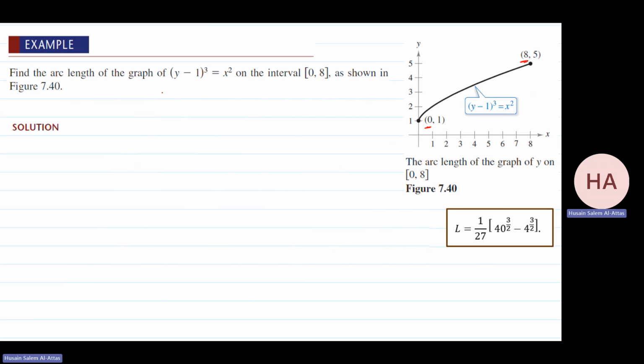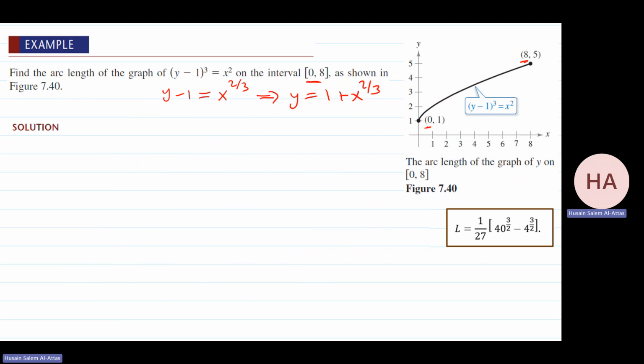Also, I can say y minus 1 is x to the power 2 over 3. So y is 1 plus x to the power 2 over 3. I take the square root of both sides, and I know everything is positive for the x values and the y values also.